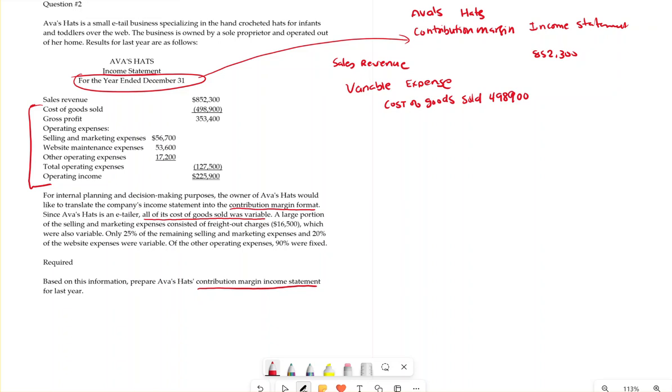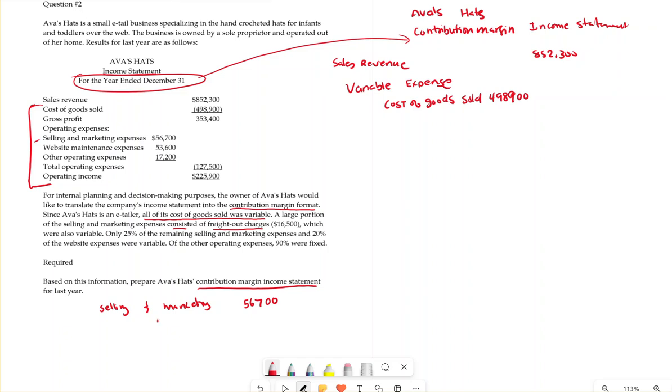Going further, a large portion of selling and marketing expense. So my next one is my selling and marketing expense. I'm going to do it on this side so that we know what we are doing. The expenses are 56,700. They said the expense consisted of freight out charges.